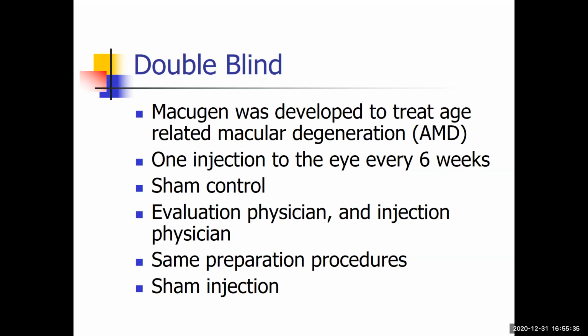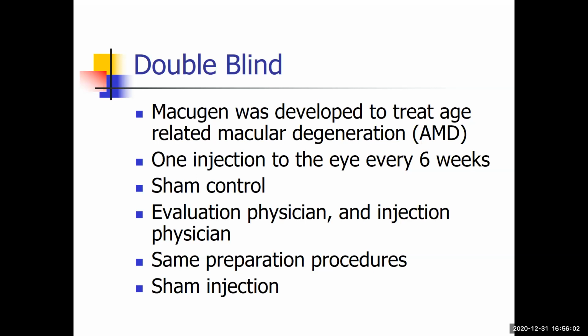All right. Now, if your study eye is the left eye, the patient is instructed to look at the right side, and then the needle will come from the left-hand side. If the study eye is the right eye, the patient is instructed to look at the left, and the needle will go in from the right. Now, for sham patients, there's no actual injection.